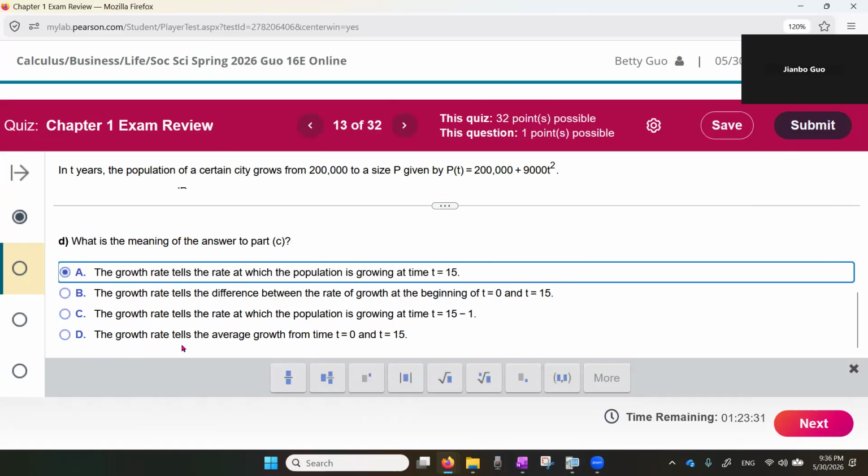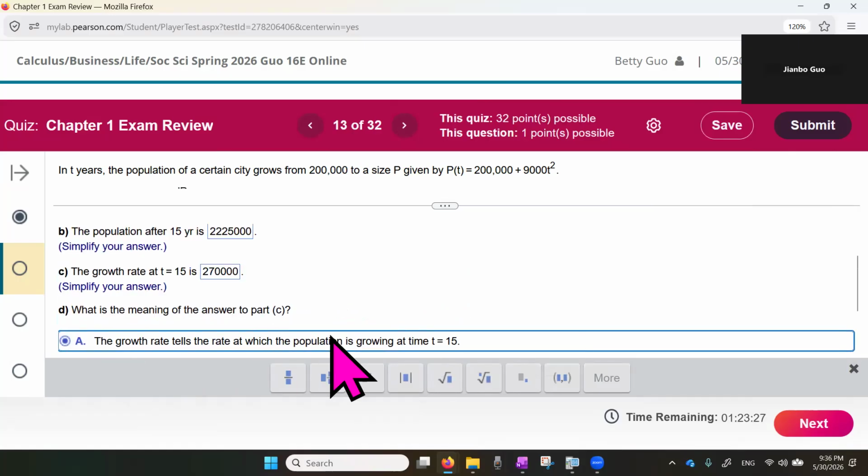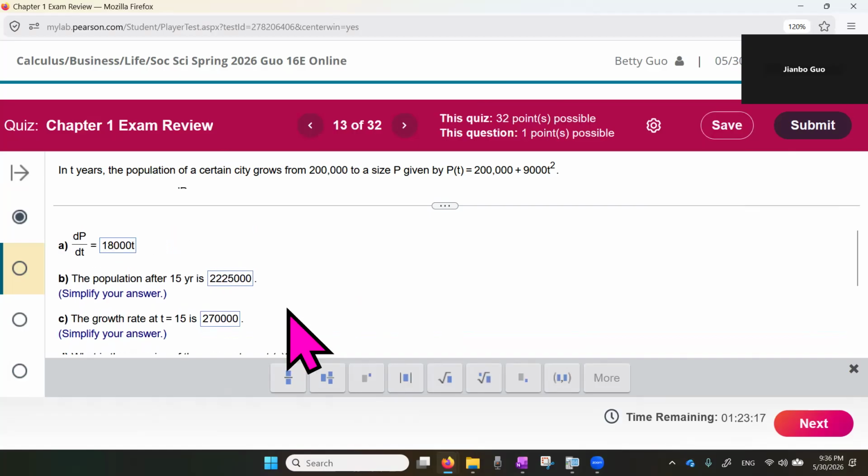No. The growth rate tells the average growth? No, it's instant. Instant rate of change. The derivative is the instant rate of change. Okay, make sure the calculation is correct. 18,000 t times 15.